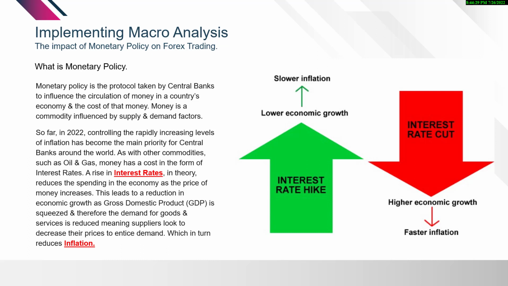A rise in interest rates, in theory, reduces the spending in the economy as the price of money increases, right? So this leads to a reduction in economic growth as GDP is squeezed, and therefore the demand for goods and services is reduced, meaning suppliers look to decrease their prices to entice demand, which in turn now reduces inflation, right?